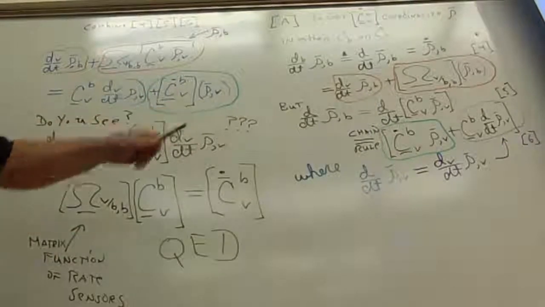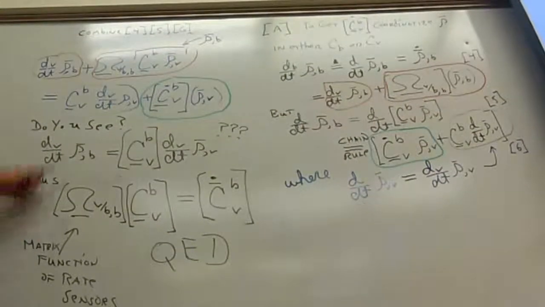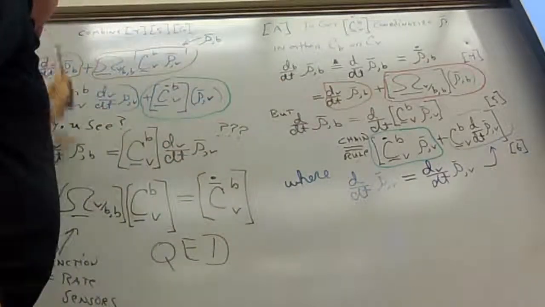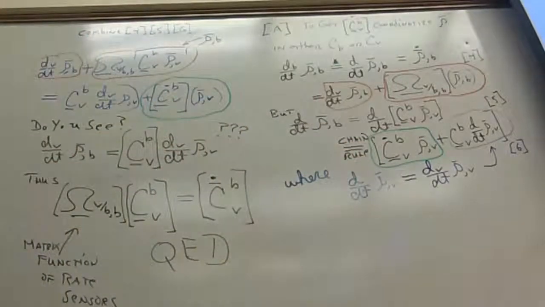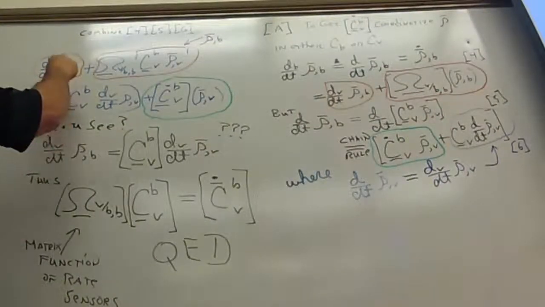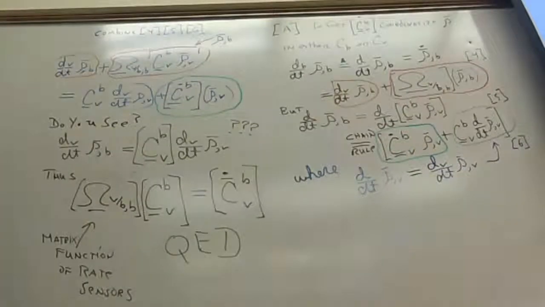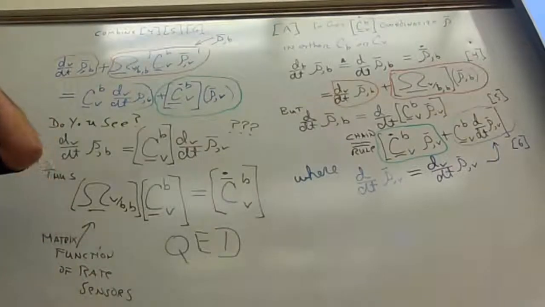Once I make that substitution, hopefully you can see that the orange and the orange are the same term, the red and the red are the same term, the blue and the blue, and the green and the green are all the same term. The last thing I want you to see is that this and this are the same vector. So if you make this last substitution, Cv2b dot falls out and you're done.